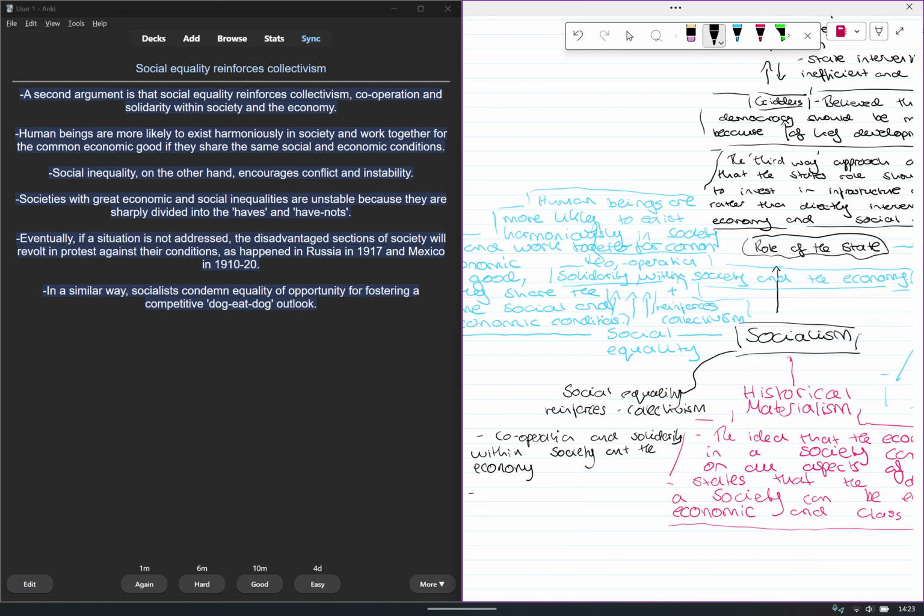Now, you may ask, why do cooperation and solidarity within society and the economy reinforce collectivism? This is because of the human nature that we talk about. Humans are more likely to exist harmoniously in society and work together for the economic good.